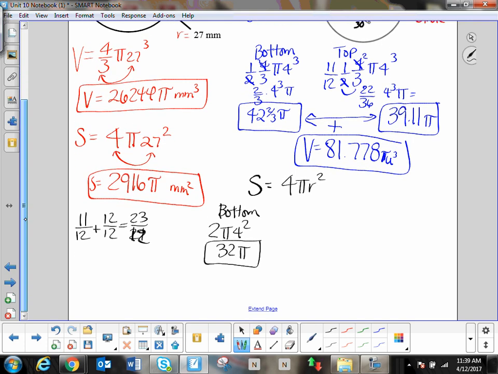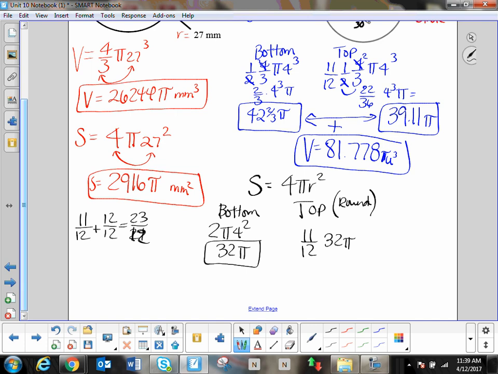Okay, let's do the top. So the top, I'm going to put the round part. And some of you are going to put just the round part. Well, isn't there other pieces that you can paint? Yeah, so I'm going to consider that here in a little bit, okay? All right, so the round part, we said 11/12ths of 32 pi, because we already know what a full half is.